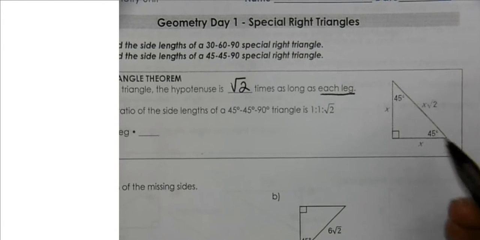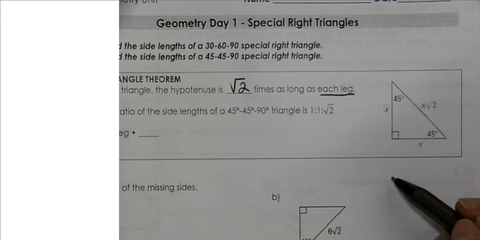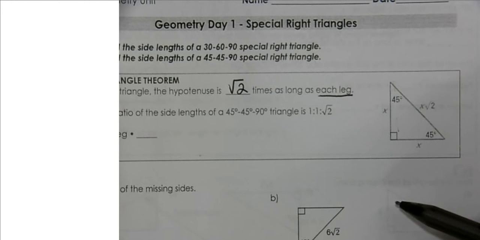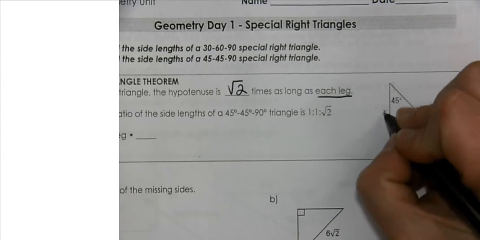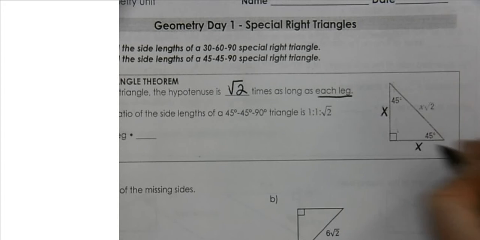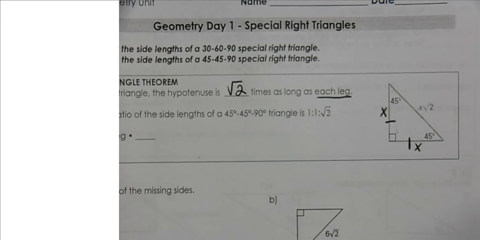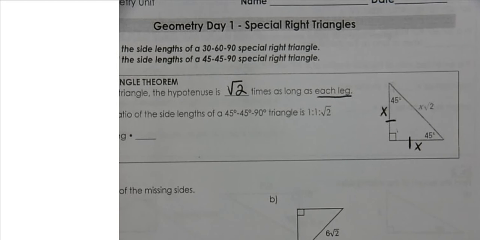So what happened is mathematicians did the Pythagorean theorem over and over again with a 45-45-90 triangle. And what they noticed is that the legs, which we're going to call X, and in the 45-45-90 triangle, this is an isosceles right triangle, meaning that two of the sides are congruent to each other.